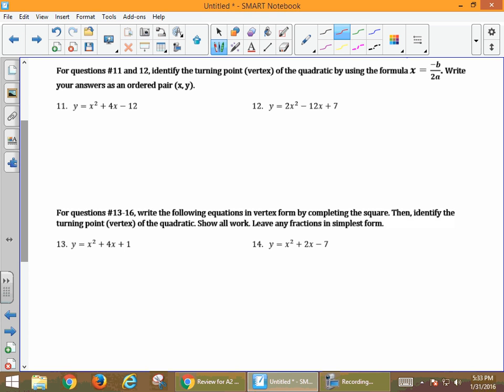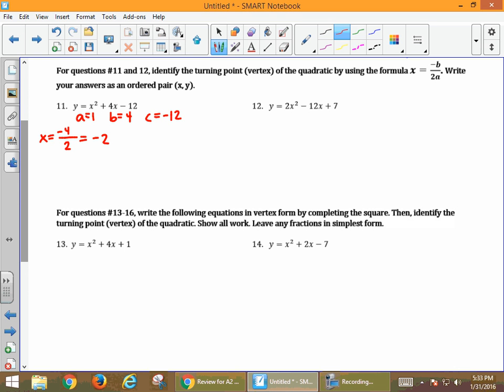A is 1, it's in front of x squared. B is 4, it's in front of x. And c is -12. So x equals the opposite of b, so -4 over 2 times a. 2 times 1 is 2. Negative 4 divided by 2 is negative 2.